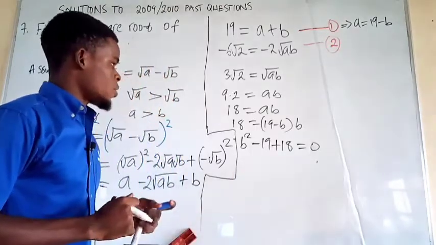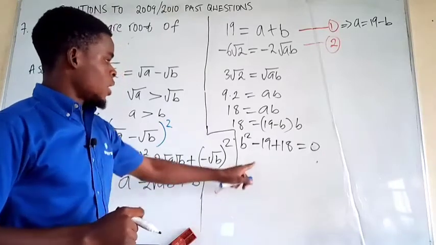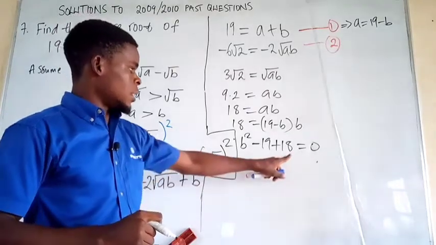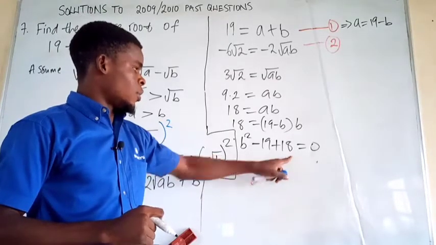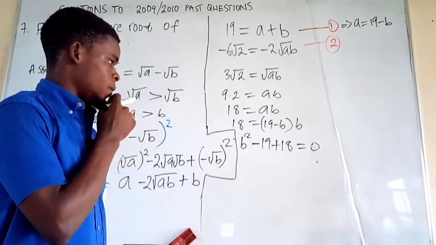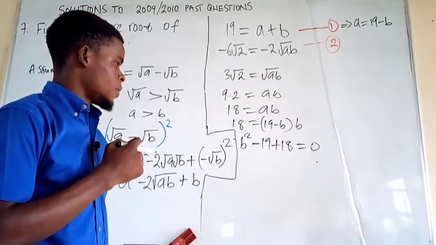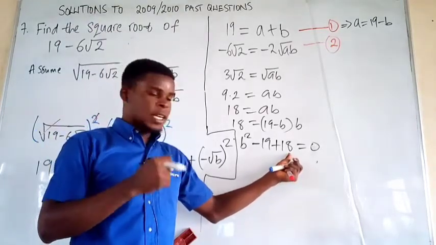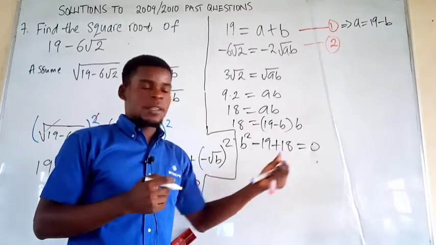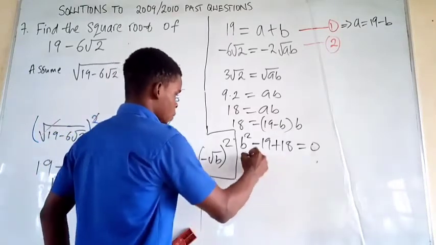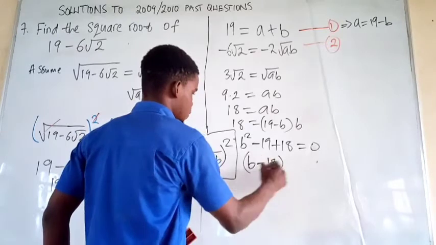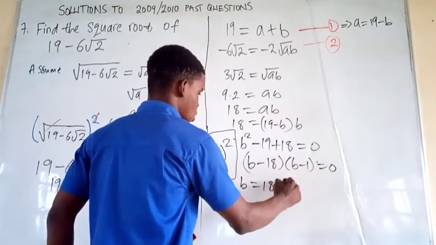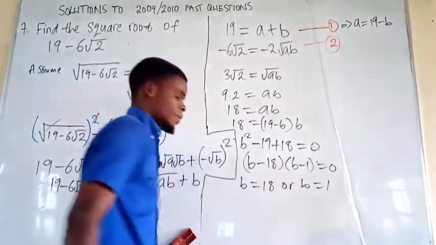I would like to use the factorization method for this. Let me see. This is 18, so if you're talking about 6 and 3, no. Okay, negative 18 and negative 1. So we're going to have b minus 18 and b minus 1 equal to 0. That means that b equals 18 or b is equal to 1.